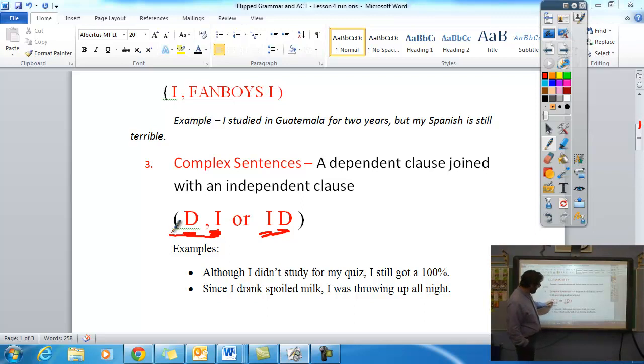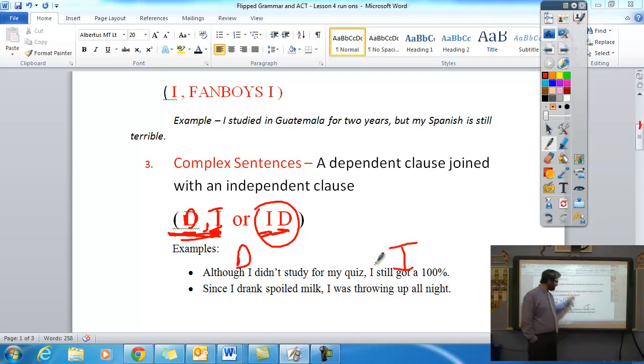So when the dependent clause goes first, you do D, comma, I. If the independent clause comes first, you don't need the comma. So a couple examples. Although I didn't study for my quiz, dependent clause, I still got a 100. Independent clause. So this is a complex sentence because it's dependent and independent.